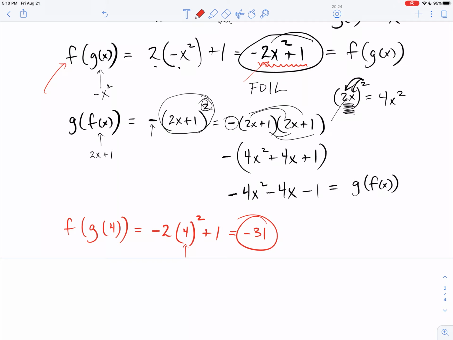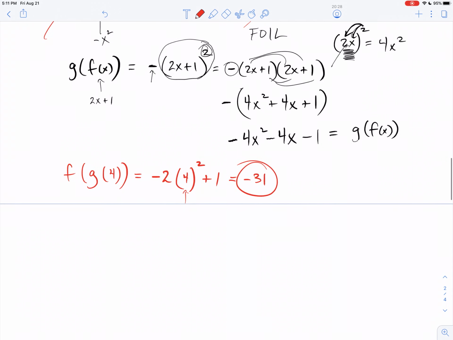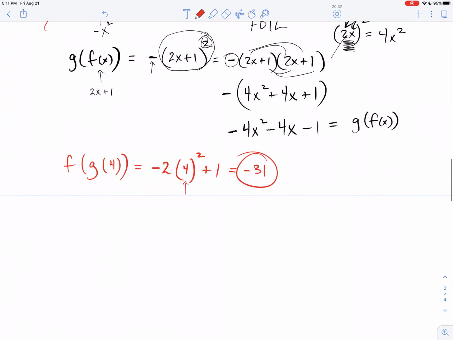Pretty cool. Now, here's the other thing. Let's do this one. This one's not going to be as easy, but what if we had something like, what is g of f of, heck, negative 5? Let's do g of f of negative 5. So, if you've already got the idea correct, let's see what you get.